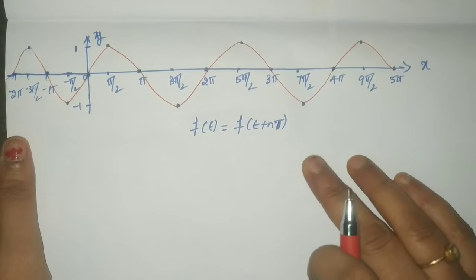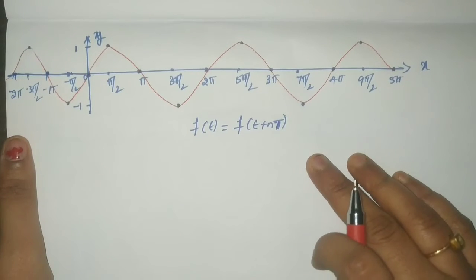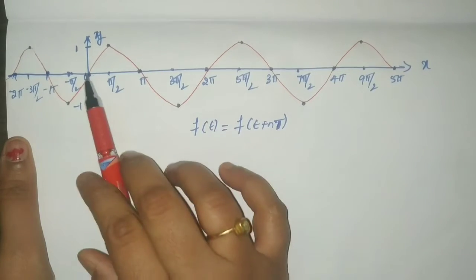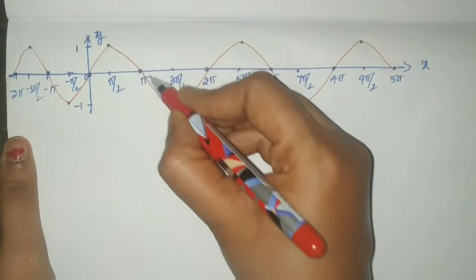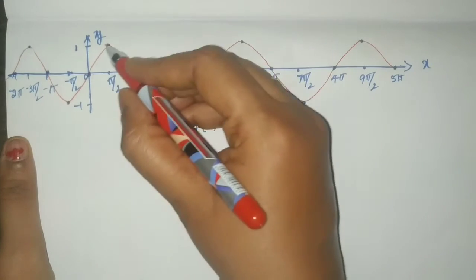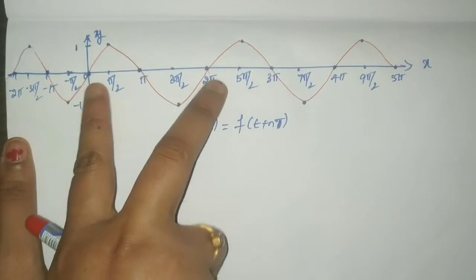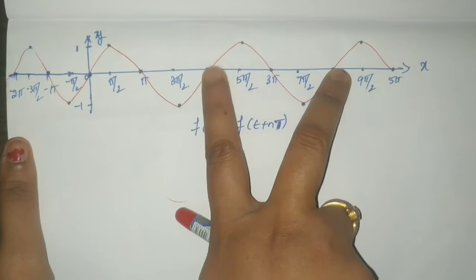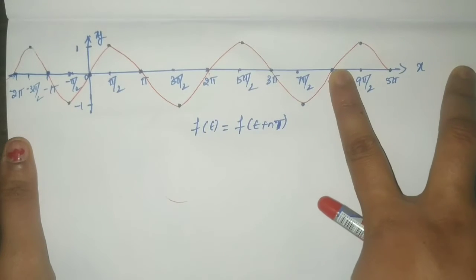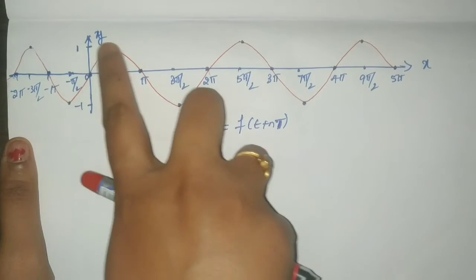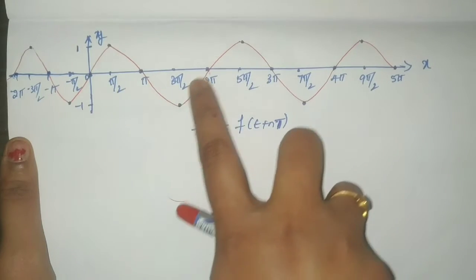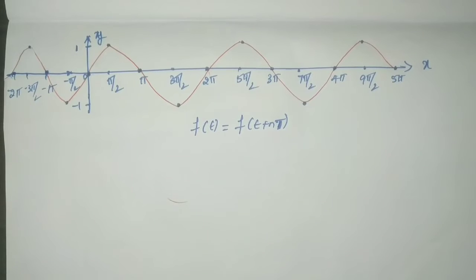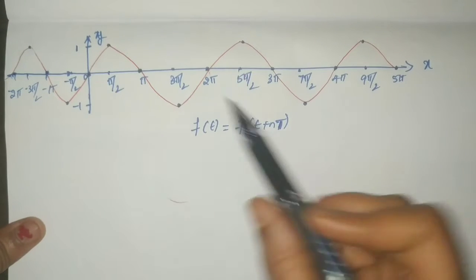You may ask how this is related to a periodic function. Here you can take the period from 0 to 2 pi. You can see the curve going up and down, a wave. This is repeated again over the next 2 pi, and if you extend it, it repeats up to 6 pi. So this is called a periodic function for sine x, with period 2 pi.